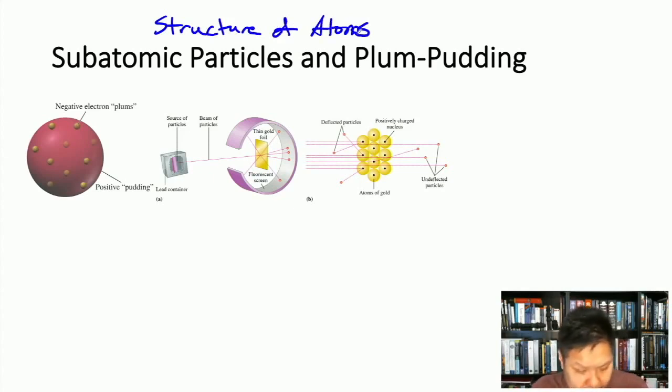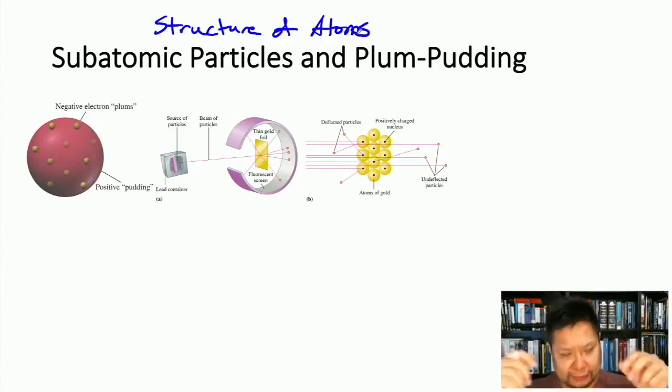So back in the day, this guy named J.J. Thomson did this experiment with a cathode ray tube. If you don't know what a cathode ray tube is, it's literally a tube that has gas inside, some kind of gas, just air. Air would work too. He put an electrode on either side of this tube, and so that's a cathode tube.